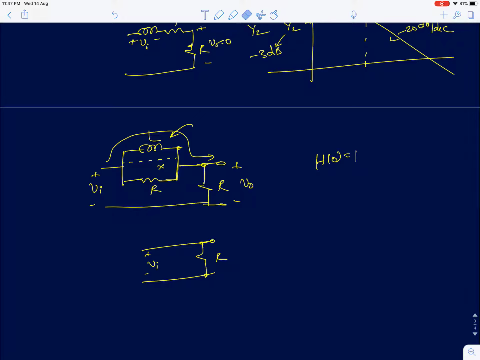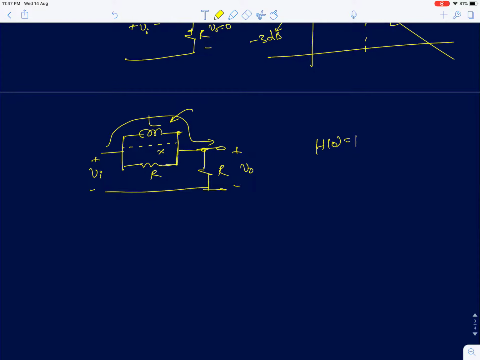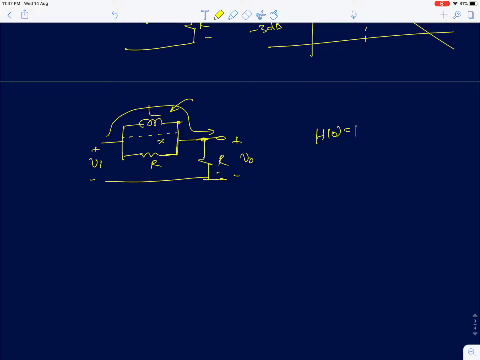Now the next thing is we'll find the zeros and poles in the circuit. To find the zero, we can either equate the numerator to 0, and that's never possible because it's a pure resistor. It's not a frequency dependent element, or it doesn't depend upon S. The other possibility is when the denominator blows up to infinity.